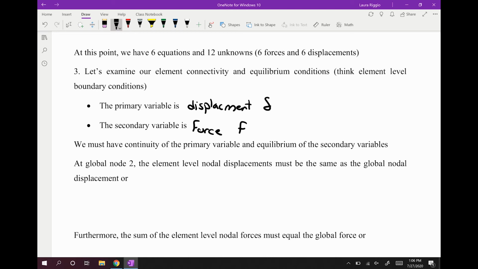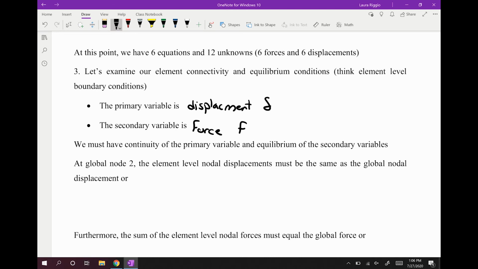If we have 2 springs connected together, at the point at which they're connected, the force has to be equal and opposite in both directions for both springs, unless an externally applied load exists.